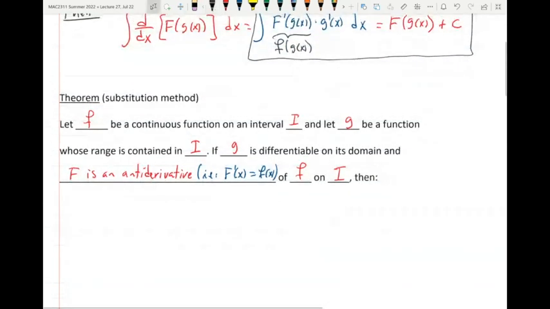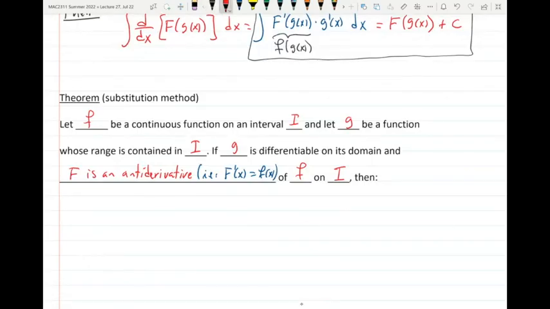Okay, so then the statement is that the integral of f of g of x times g prime of x dx. So if you come across an integral like this, or if you can change your integral to look like this somehow, then to evaluate it, all you have to do is figure out what is an antiderivative for the function f. We know what it is, capital F, and evaluate it at the function g.